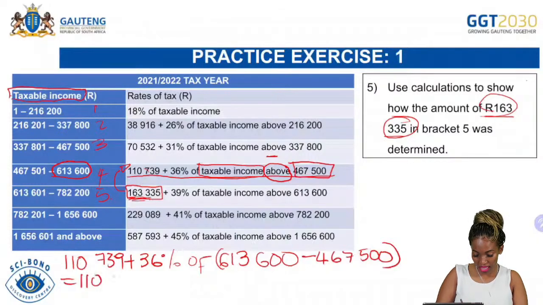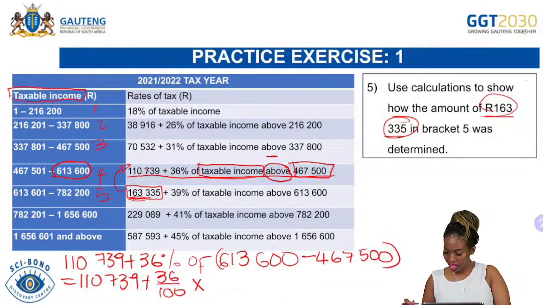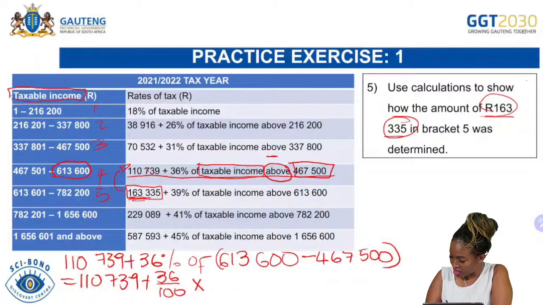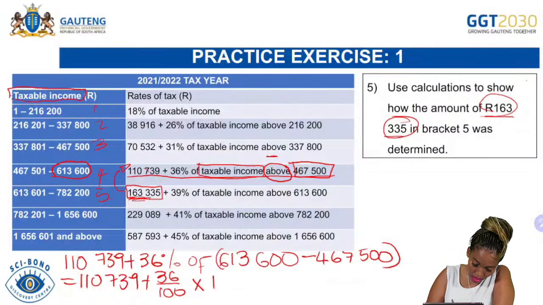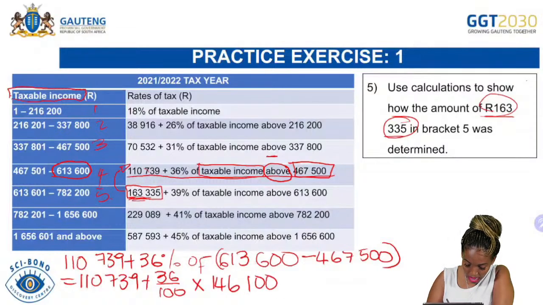It is 110,739 plus 36%. I like to say 36 over 100 of, I say multiply. Let's get the answer from the bracket. It is 613,600 minus 467,500, and the answer is 146,100.